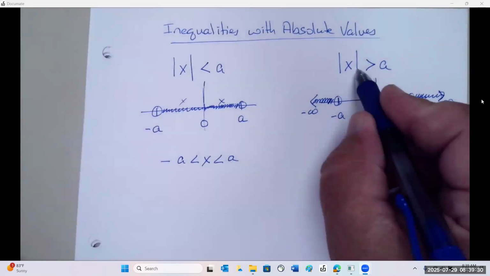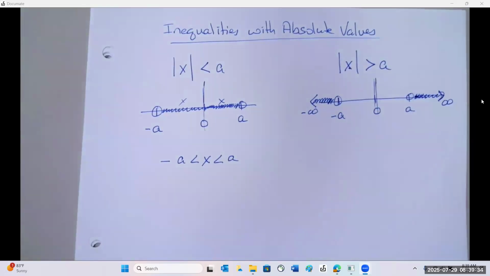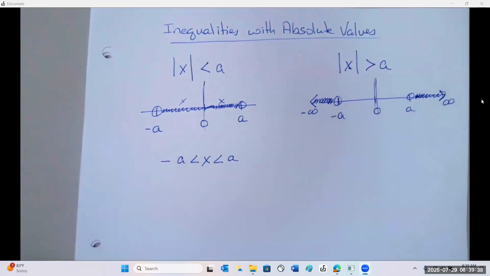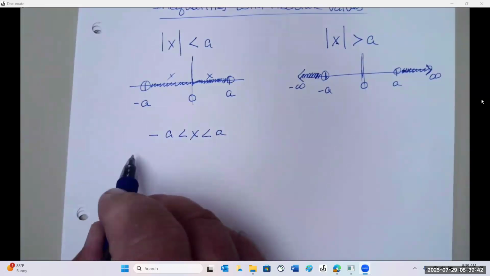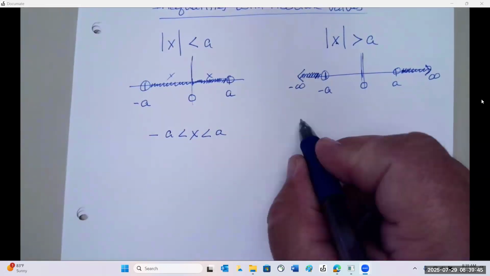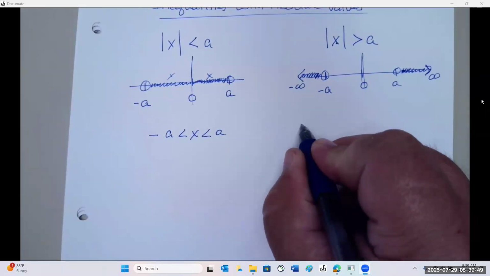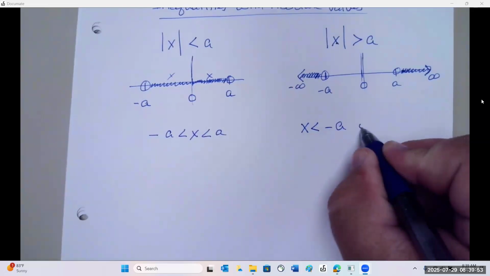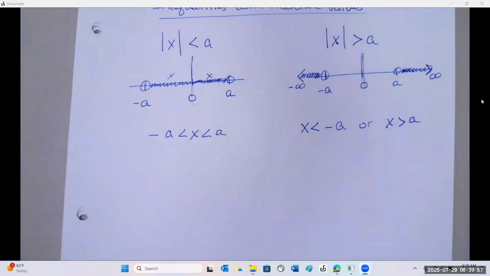So if absolute value of x is greater than a, it's going away from 0. It's getting bigger. That means it's going to infinity, which means the other side is getting smaller. So this one is written two ways. It could be x is less than negative a, or x is greater than positive a.